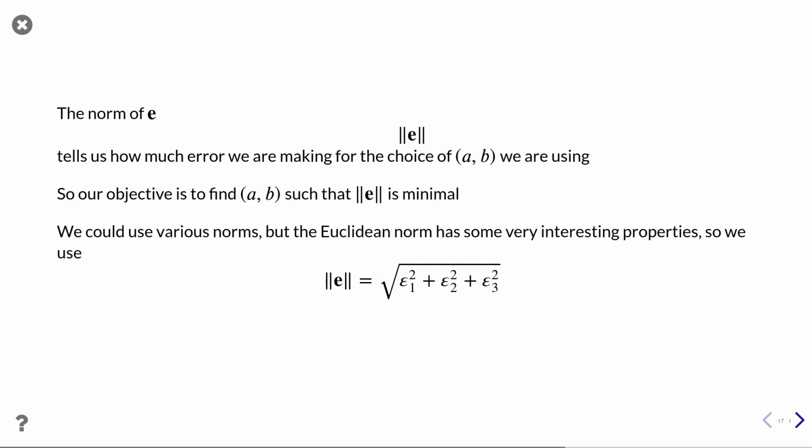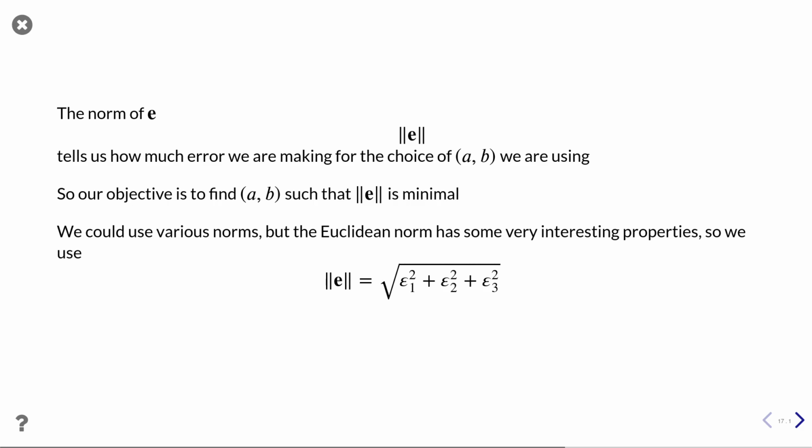There's also a well-known norm that is the maximum of the values of the epsilon i. But it turns out that the Euclidean norm has some very nice and interesting properties here and more generally. So very often you'll use the Euclidean norm, and here that's what we're going to do.